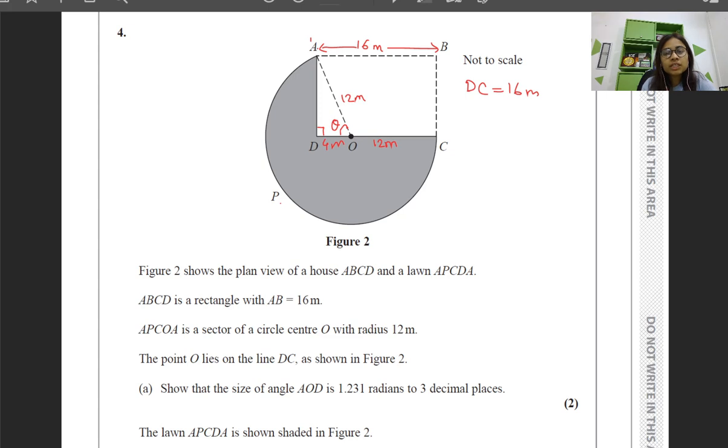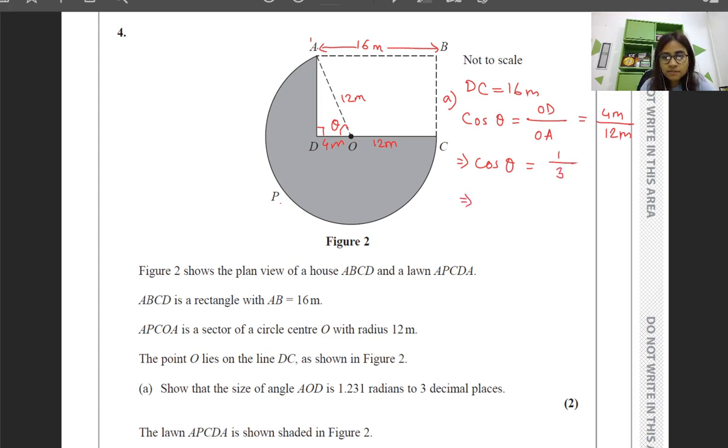So the formula which we can use to find theta is basically, think about it, hypotenuse and adjacent. So we can use the cosine, the cos theta formula. So for part A, we can say that cos theta is equal to adjacent by hypotenuse, that means OD divided by OA. So OD is 4 meter divided by OA, 12 meter, which makes cos theta equal to 1 by 3.